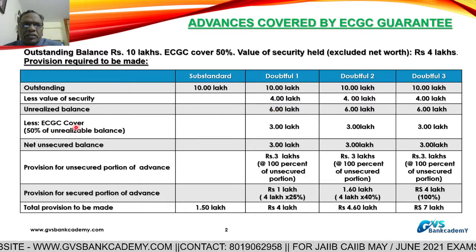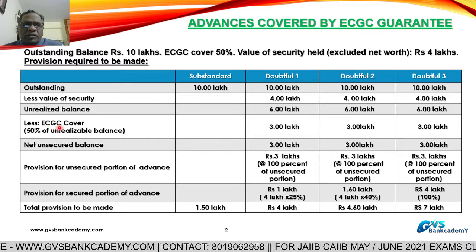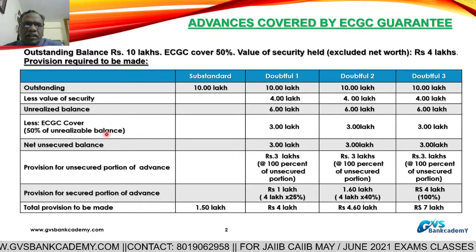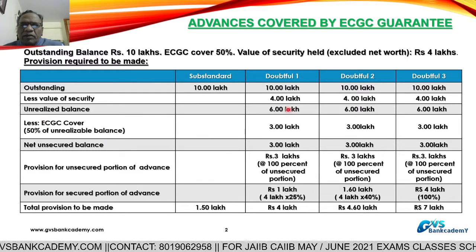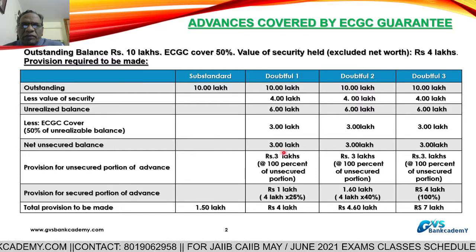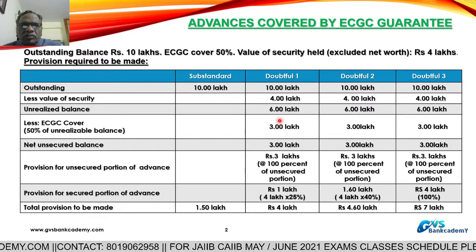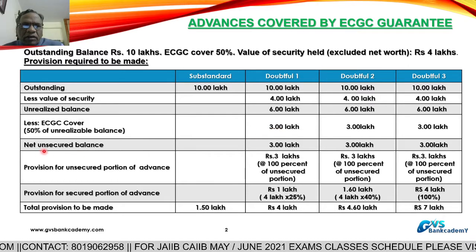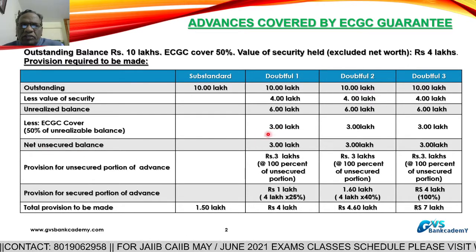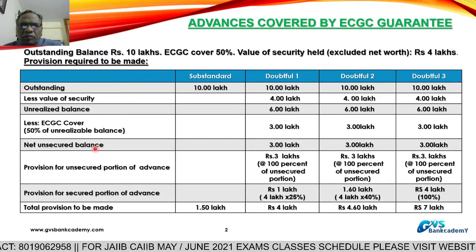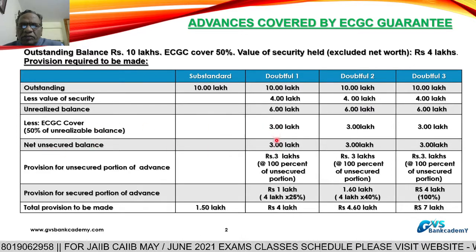Less ECGC cover, which is 50% of the unrealizable balance: 6 lakhs into 50%, you will get a claim of 3 lakhs from ECGC. So the net unsecured balance after ECGC cover is 3 lakhs.